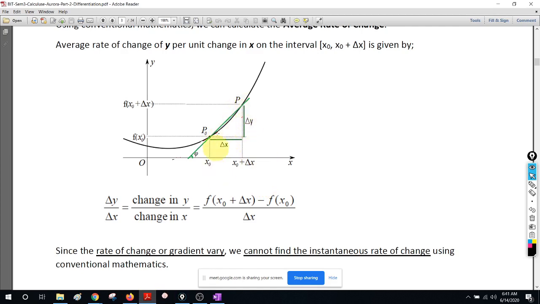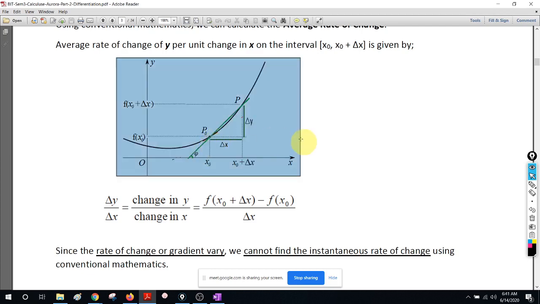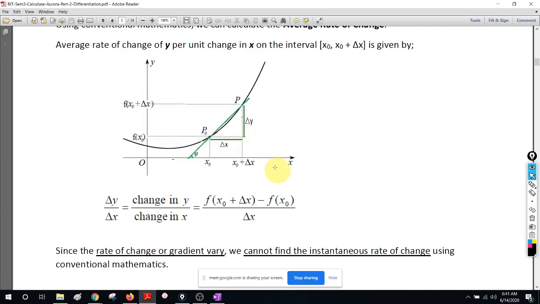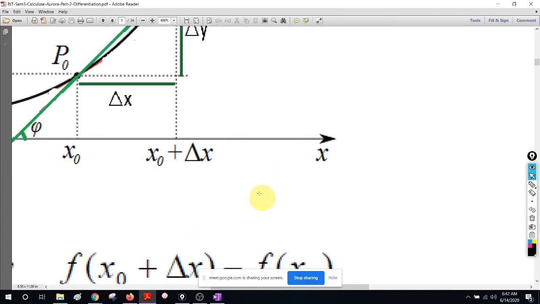So this is the scenario that I just demonstrated. I want to find the gradient at x naught, that is P naught. So rather than finding the gradient at that point, what we have done is find a point on the graph at P naught.